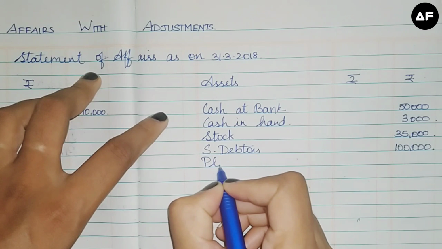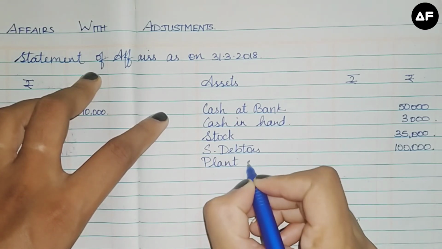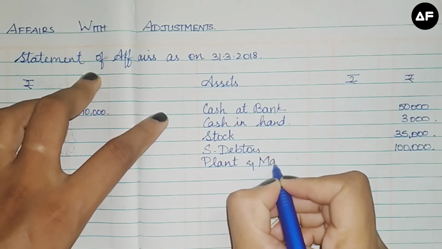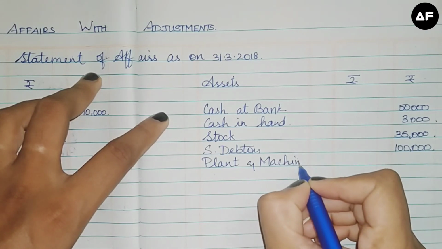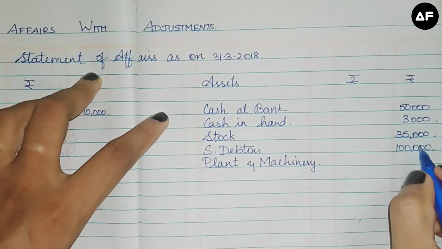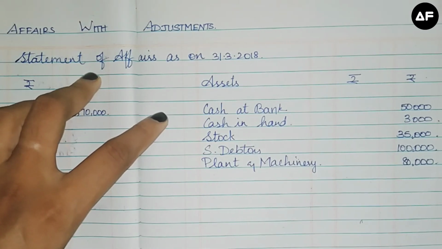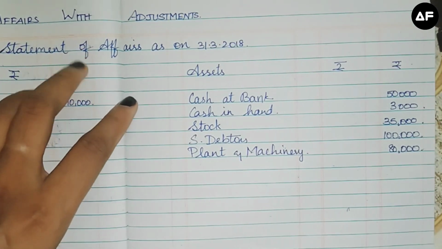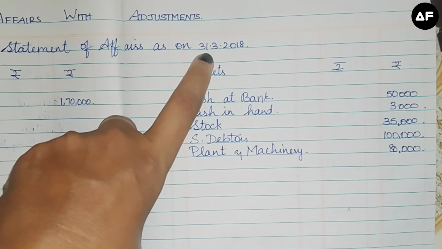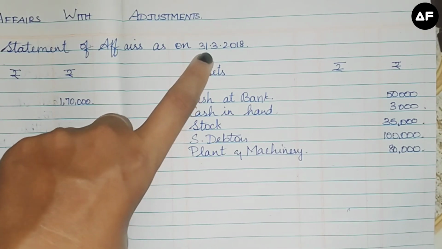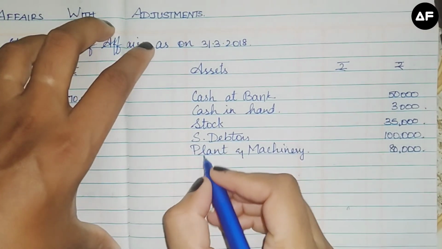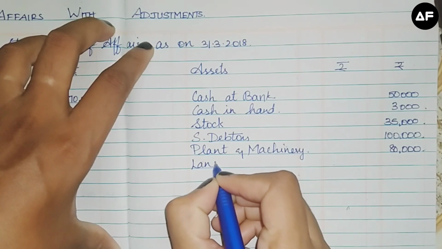Plant and machinery, which is 80,000. As I told you previously, we are not going to perform or adjust any adjustments over here because this is only 31/3/2018. So it's all the opening balances. Only in the closing balances we are going to do any kind of adjusting work.